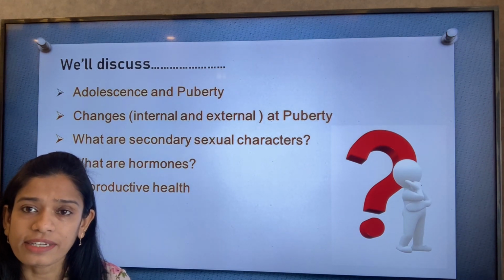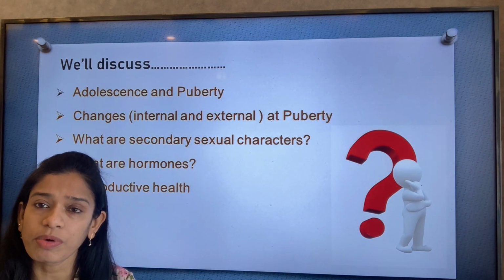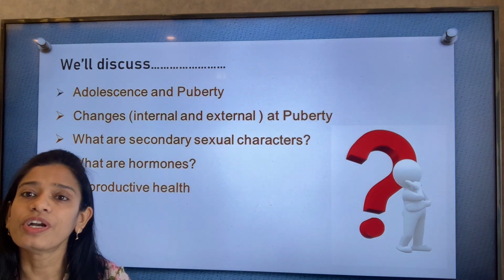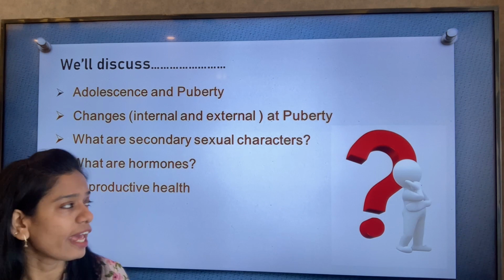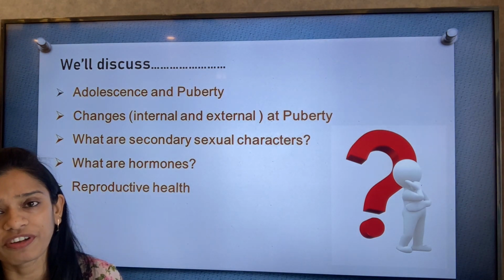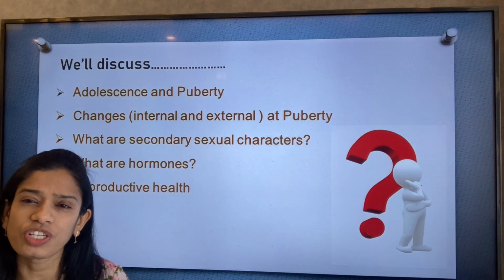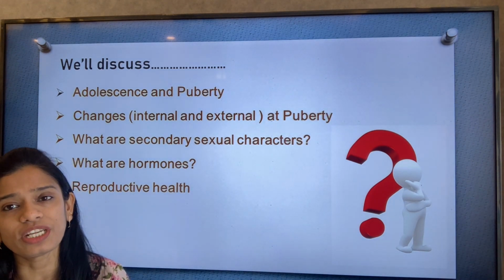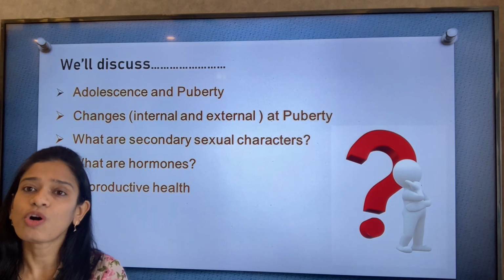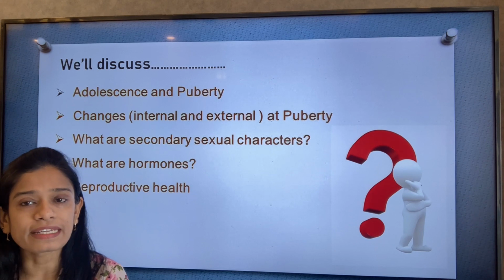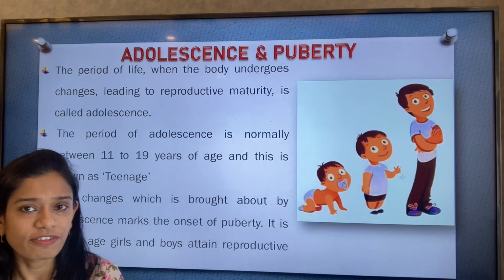What changes do they bring about? And what is the importance of those characters in our future life? And what are hormones? And finally, reproductive health and hygiene, how to take measures in cleanliness, how to maintain ourselves. So this is the whole thing that we are going to learn in this chapter. So let's get started without any further delay.